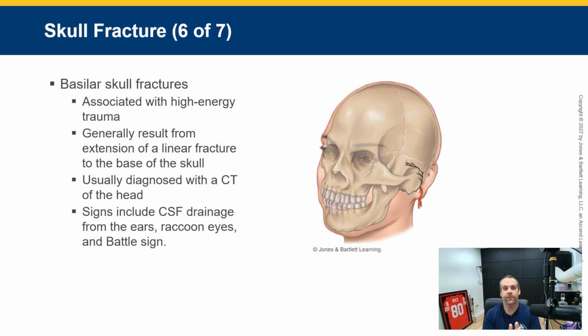So the clues are going to come from the blood or the fluid that's moving away from the injury. This is where your raccoon eyes come into play, your Battle sign, or that pink, clear cerebrospinal fluid draining from the nose and the ear. That cerebrospinal fluid leak means the protective membranes have been breached, which creates a very big risk for bacterial meningitis.